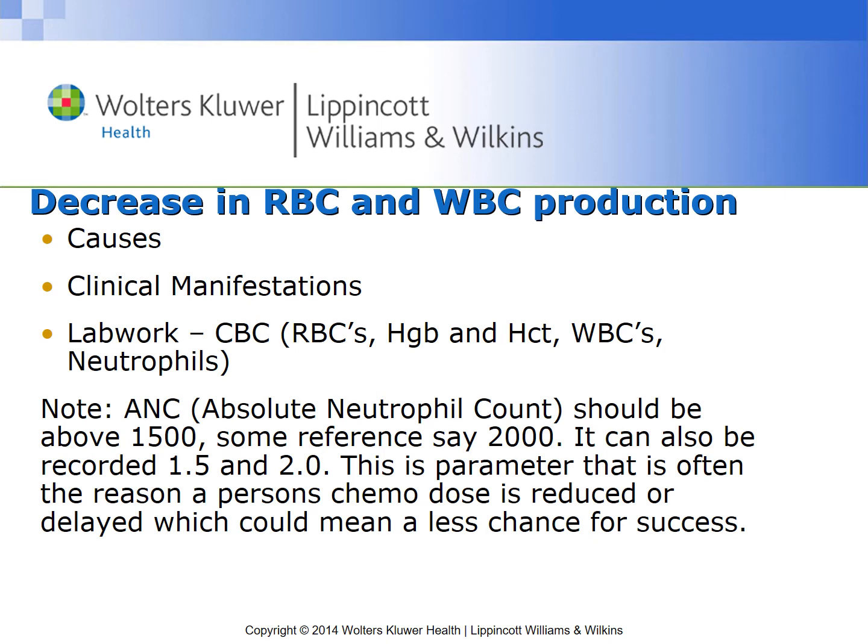I put a note down here about the ANC. So the ANC is the absolute neutrophil count, and that is a value that you've learned. You learned it in cellular regulation of how to come about that amount, but we should be at 1,500, and some references say 2,000, but anywhere from 1.5 to 2.0 indicates that we're in good shape as far as infection risk.